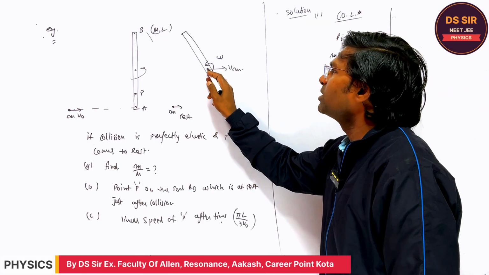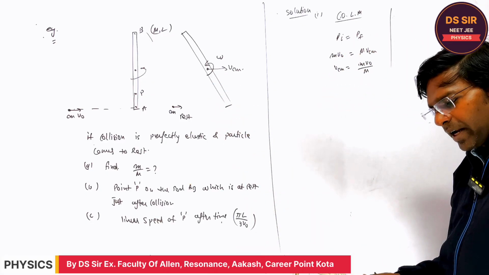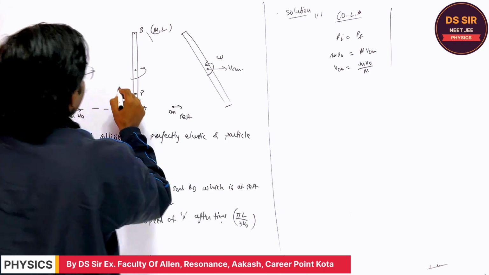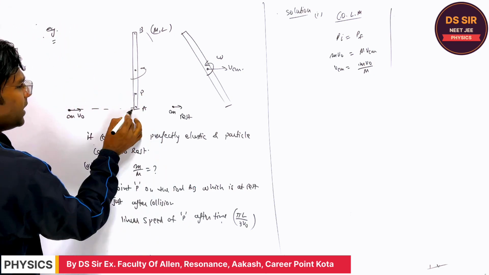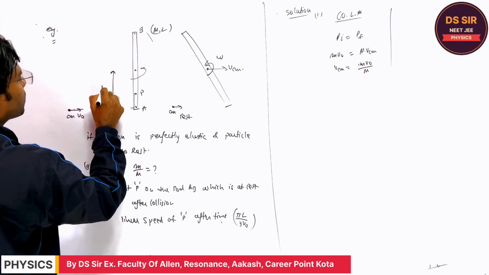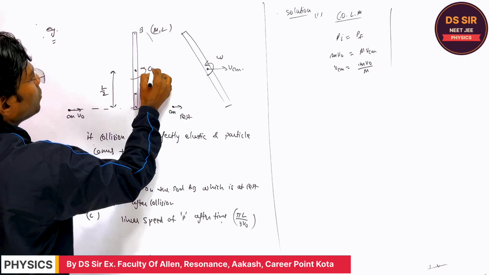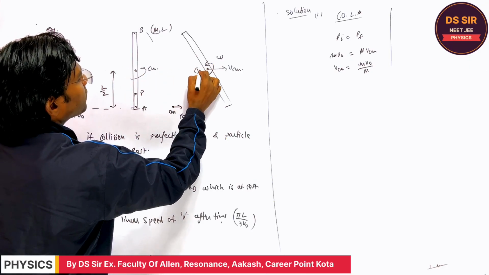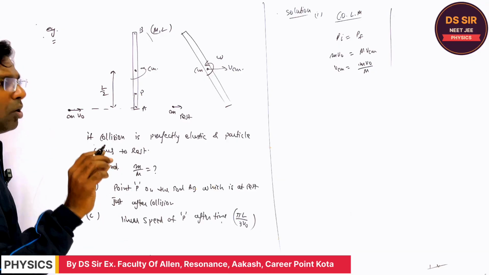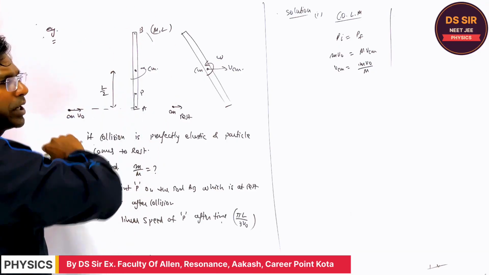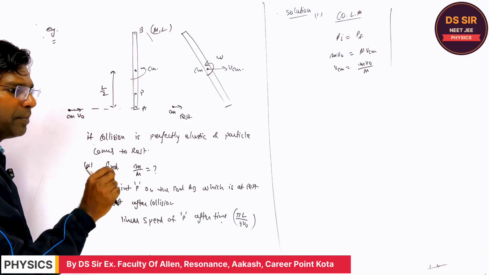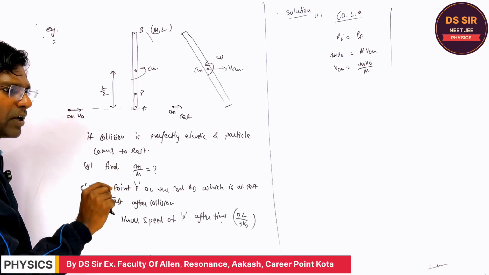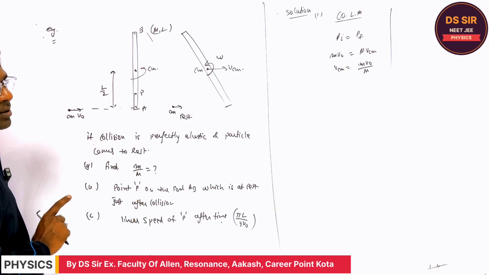The other thing is the angular momentum. If the rod is of length L and it hits the end A, this distance is L by 2. Although the rod is free to rotate and no external impulse is applied, you can apply conservation of angular momentum about any point.